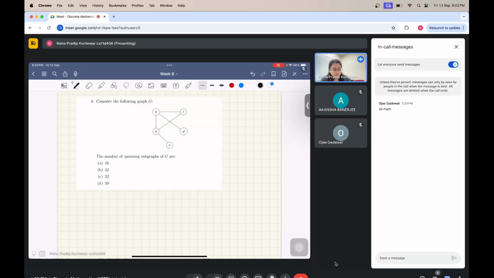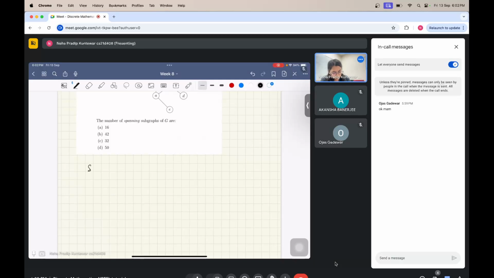So what do you mean by spanning subgraph? Spanning just means that it contains all vertices in G.